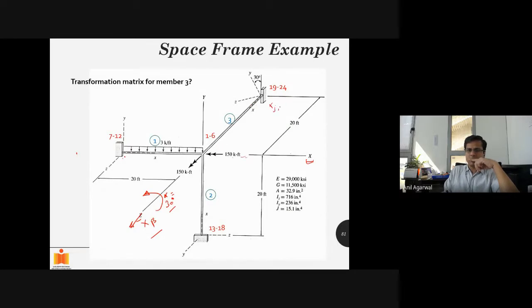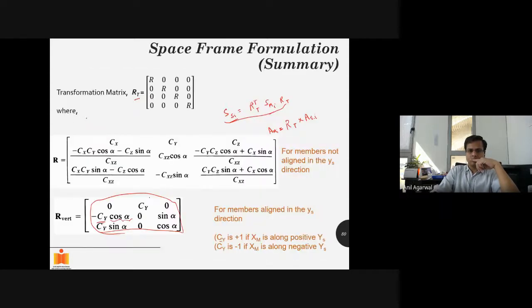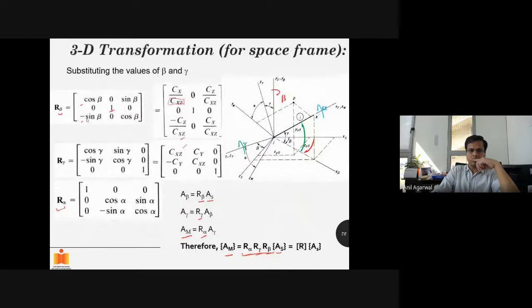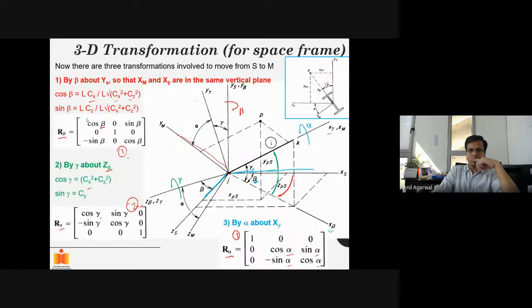It has some coordinates here, and this also has some coordinates x_k, y_k, z_k. Okay. What was Cx value? You remember what was Cx?